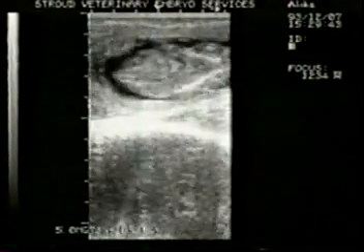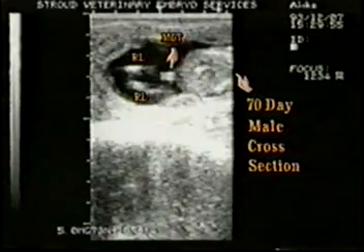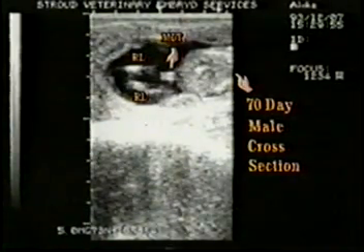Make note that the tail is a monolobed structure. RL is rear legs. MGT is male genital tubercle.